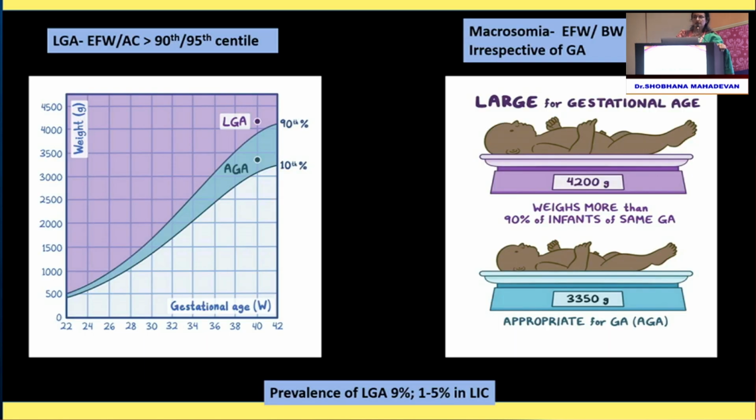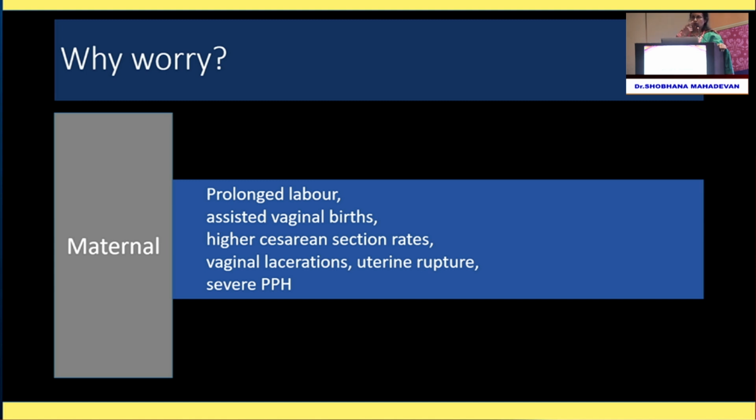If you look at the global prevalence of LGA, it is about 9%, but it is about 1 to 5% in low-income countries. Why are we worried about LGA? We all know the complications. On the mother's side, an LGA fetus means our labor is going to be prolonged, and there is increased risk of assisted vaginal births, higher cesarean section rates.